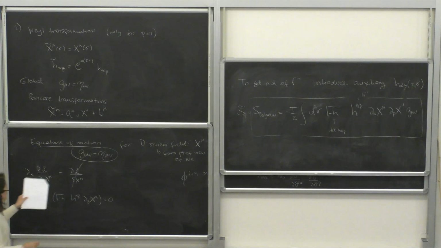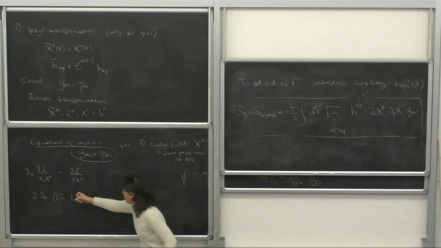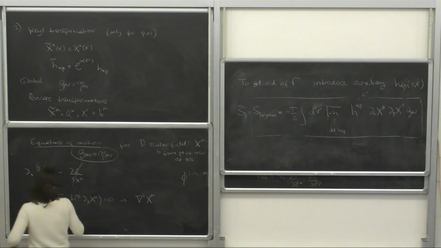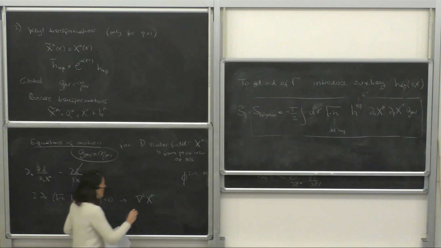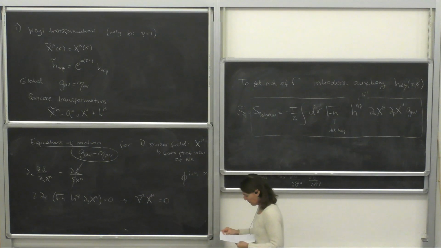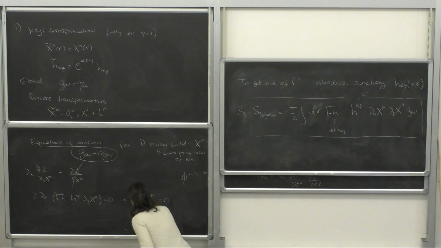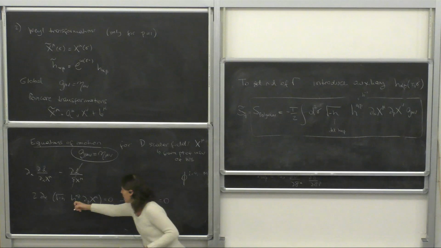And this is just a covariant Laplacian. If I see h as a metric in this two-dimensional worldsheet, then this is just a covariant Laplacian, where I raise and lower indices with this h alpha beta.